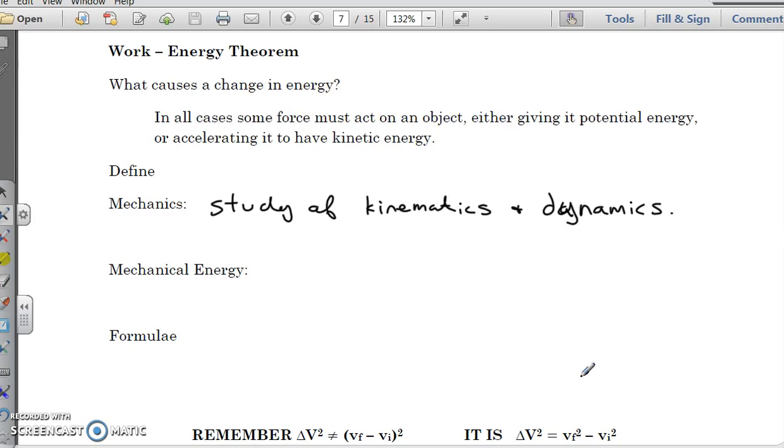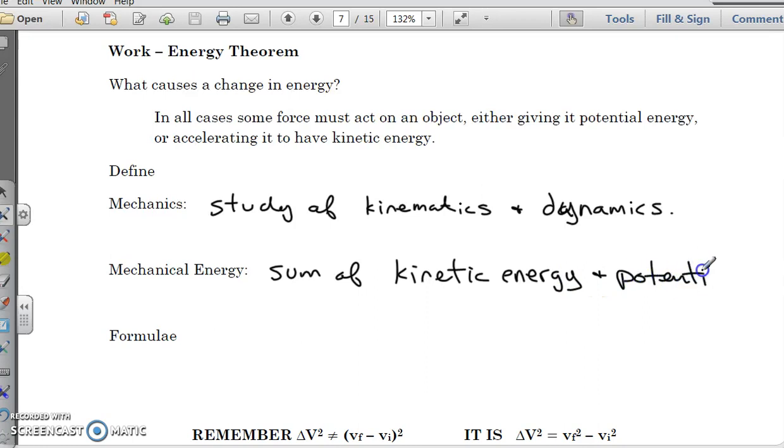Now, involved in this is the mechanical energy, which is just the sum of kinetic energy and potential energy. If you take the potential energy and kinetic energy of the system at any one given point, that will get you the total mechanical energy.